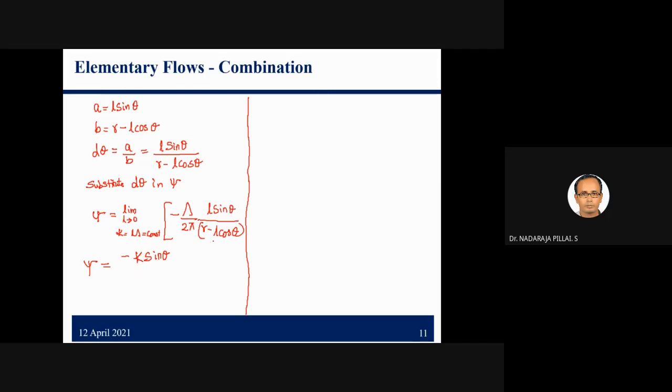When L is so small, this becomes kappa by 2 pi, and only this R we will consider. So this is equal to a constant. So this is the stream function for a doublet.